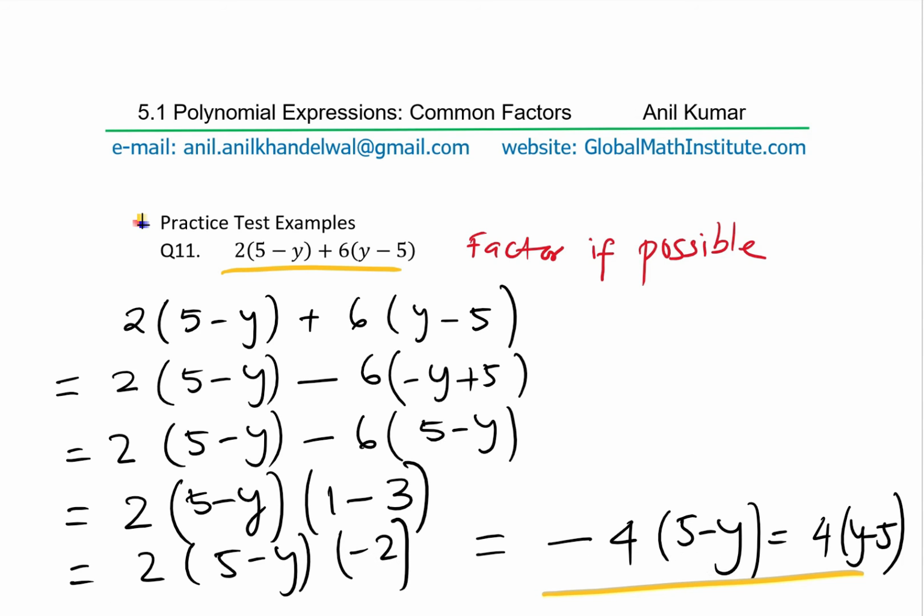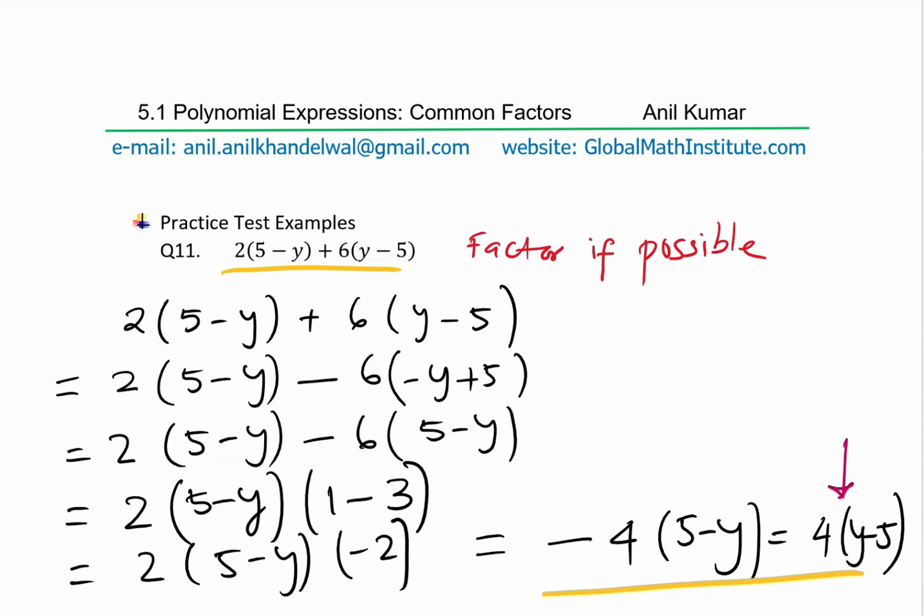We could actually multiply by negative and reverse back 5 minus y as y minus 5. Perfect. This could be one of your multiple choice test questions where the term given to you in a choice is this. So in that case, it could be very tricky.